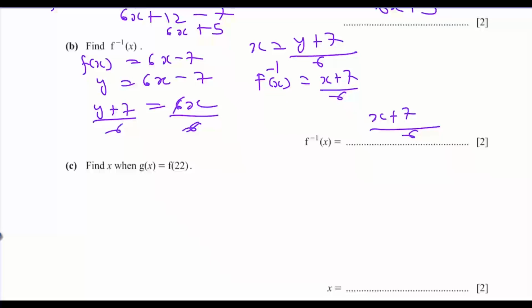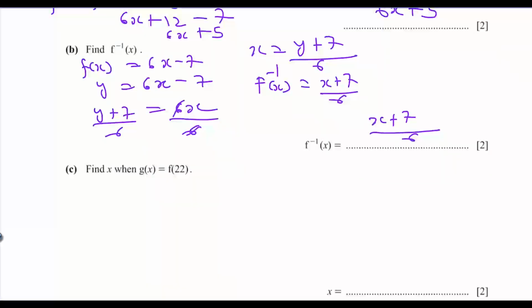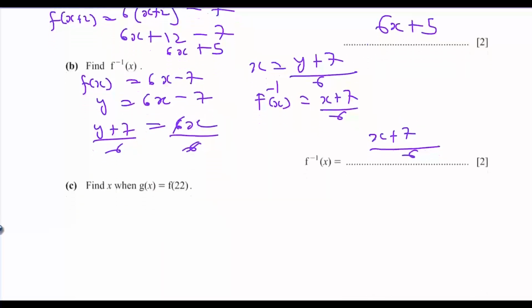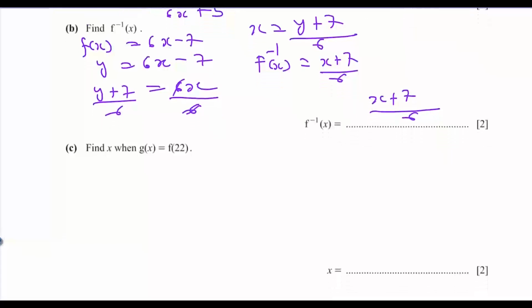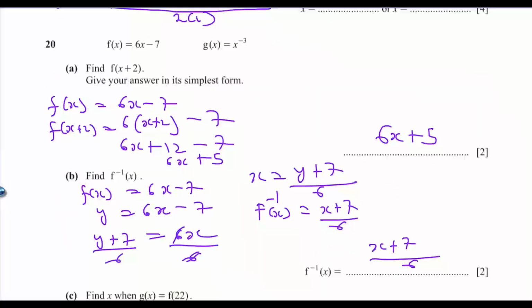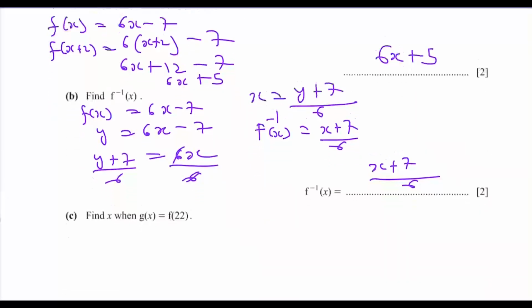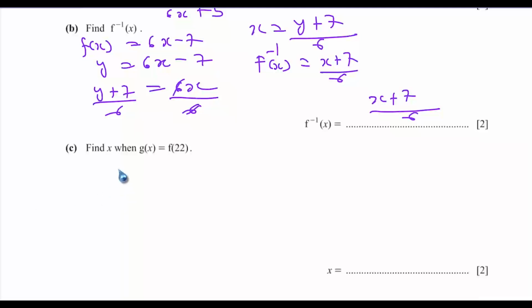Find x when g of x equals f of 22. So f of x is giving us 6x minus 7. So let's write it here. Part C, find x when g of x equals f of 22.